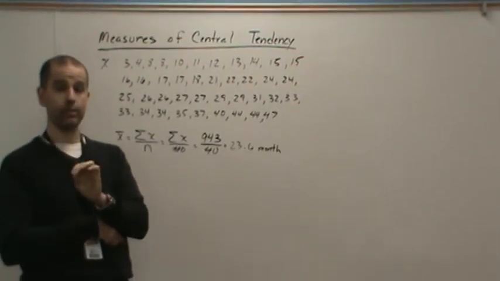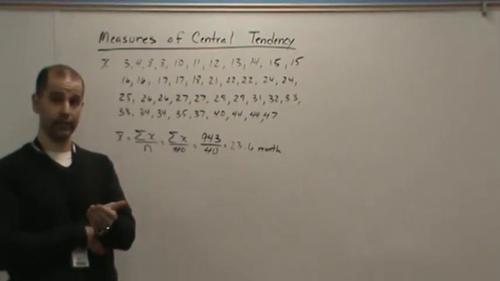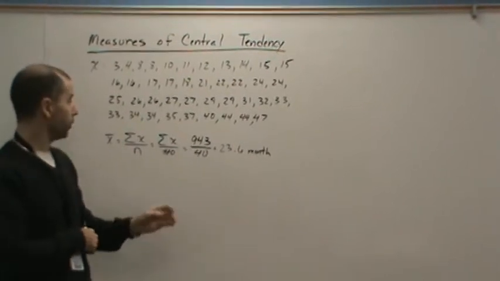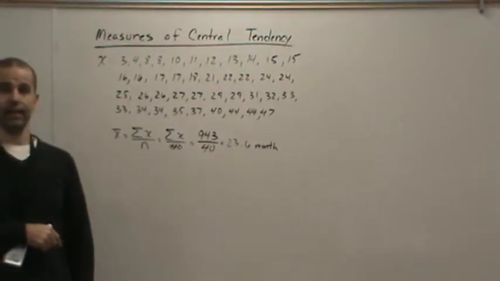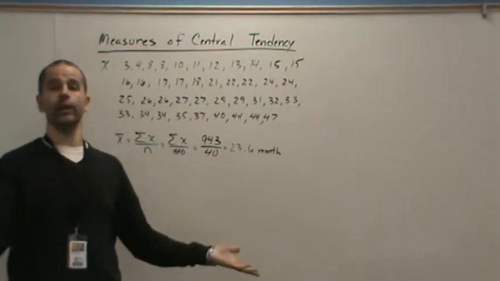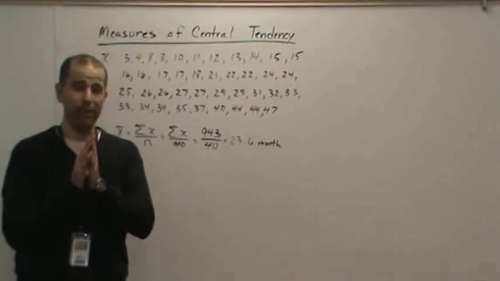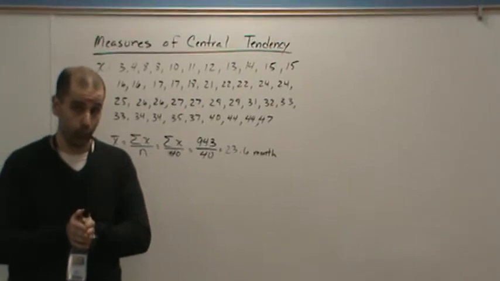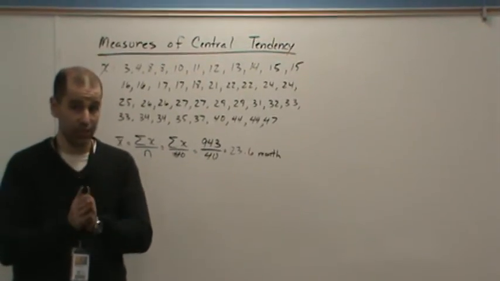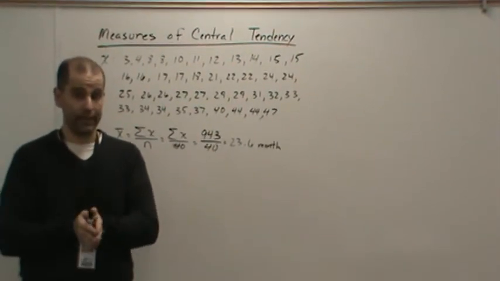Well, remember, what's the first step in finding the median? The data has to be ordered from least to greatest or greatest to least. Now, the good thing about this data set in this example is that it's already ordered for you. But keep in mind that it may not always be ordered for you, so the very first thing to do is order the data.